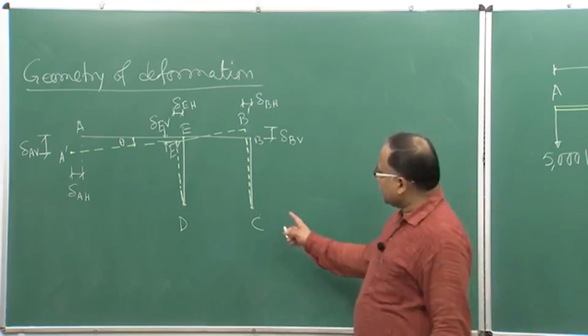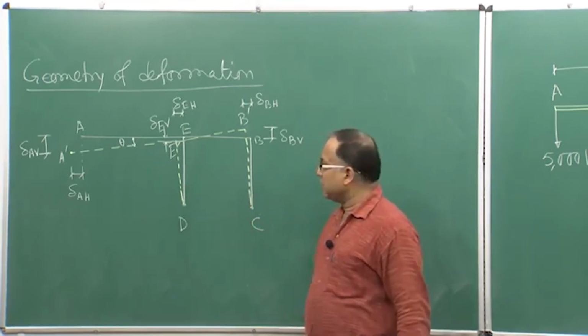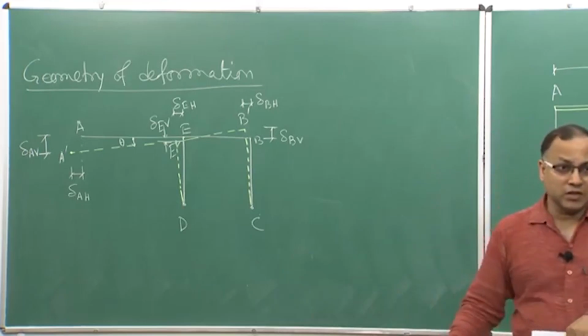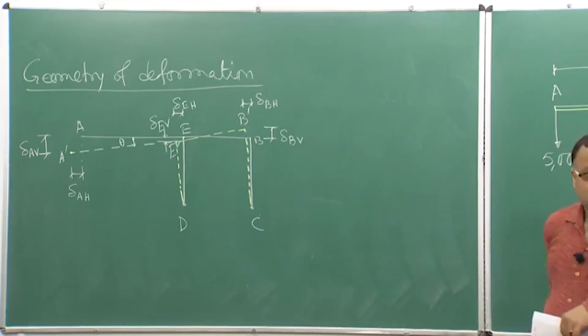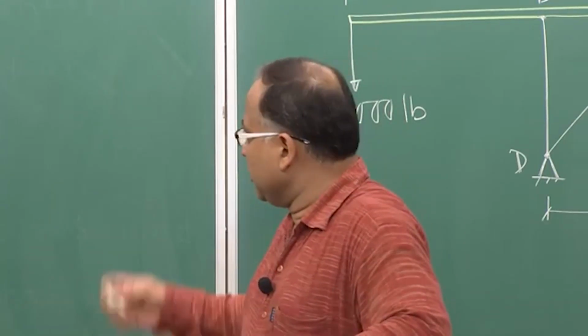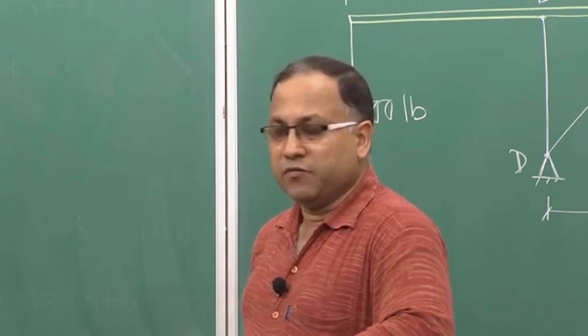You are just observing some rotation here, and of course, some deformation in the steel members based on the member force. If it is compressive, then it will be compressed, and if it is tension, then it will be elongated.